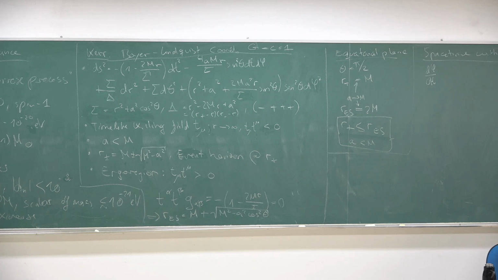The Earth is rotating around that axis, and the phi coordinate is the one that goes around with the rotation. Then I throw in my rock from infinity, and I say at infinity phi dot, the azimuthal velocity of this rock, is 0.